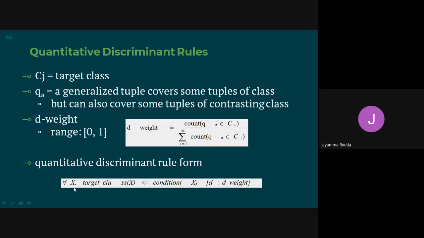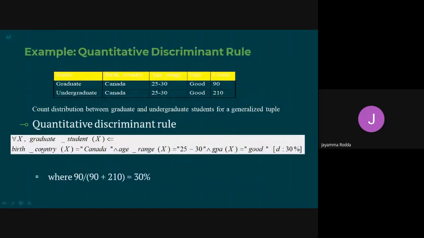For all X, where the class of X is the target class, and the condition is for the target class, with the D weight as the measure. Here we are trying to find the graduate students whose birth country is Canada, age is between 25 and 30, and GPA is good.